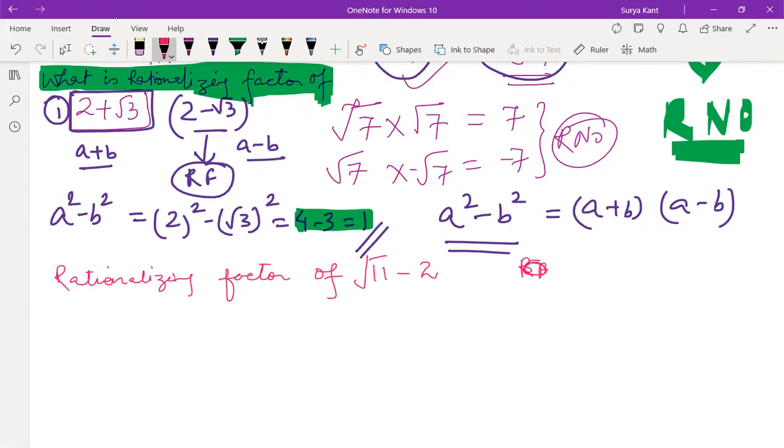Sir, root 11 plus 2, sir. Yeah, very good. The rationalizing factor is root 11 plus 2. On multiplying root 11 minus 2 and root 11 plus 2, what do we get here? Sir, 0.